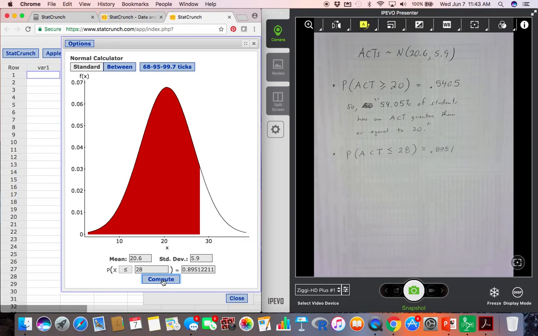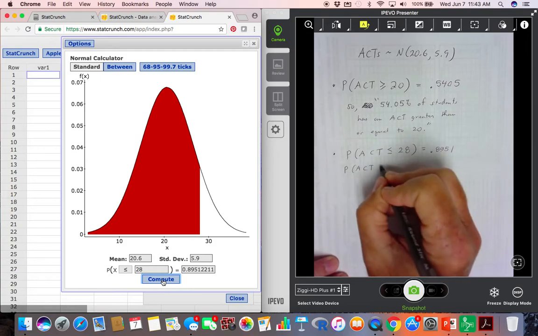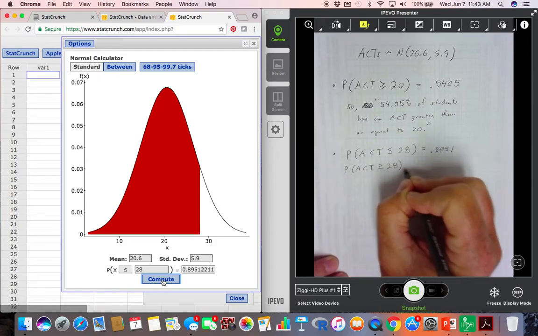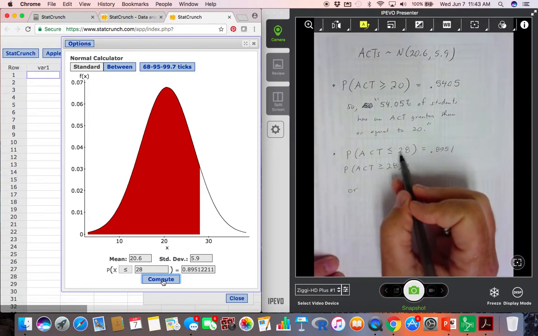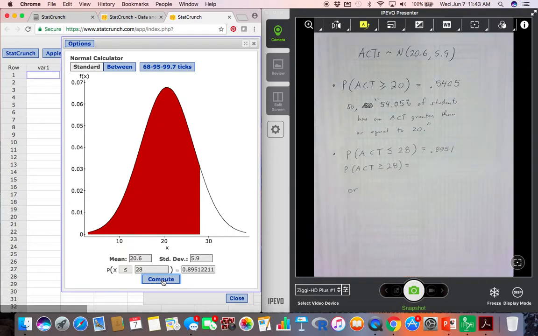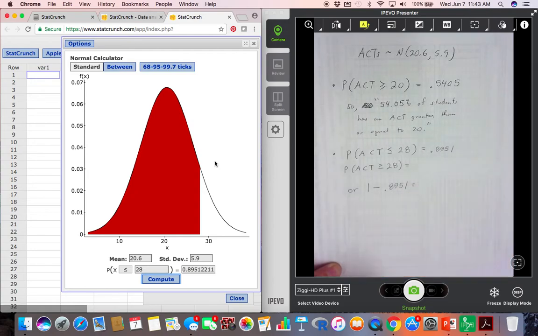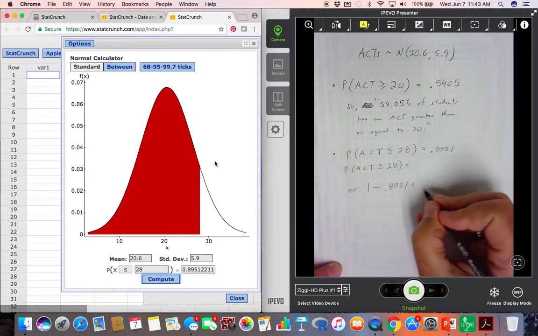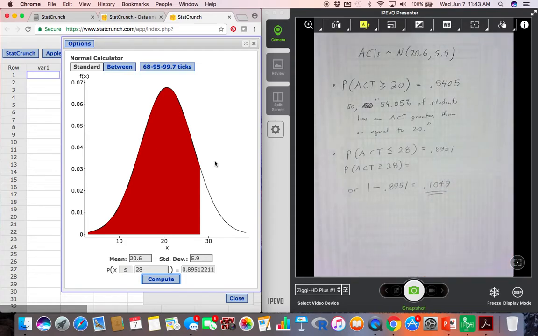is the probability. Now, what if we had the probability of ACT greater than or equal to 28? What would we do? Well, we could use technology, or we could just see that because this is the complement, over here on this graph, 28 would just be that area that isn't in red, and since we know that the entire area under the curve is 1, we can just take 1 minus 0.895, and let's see what we get, 0.1049, if my mental arithmetic is correct.